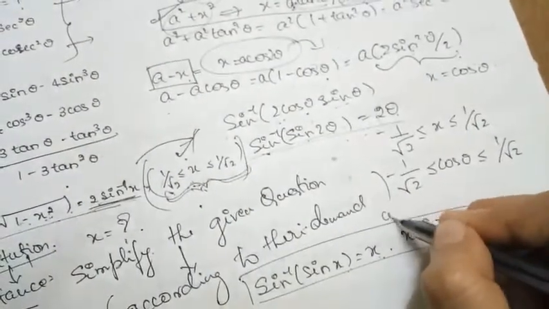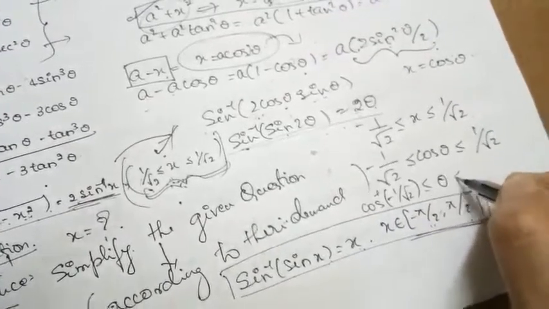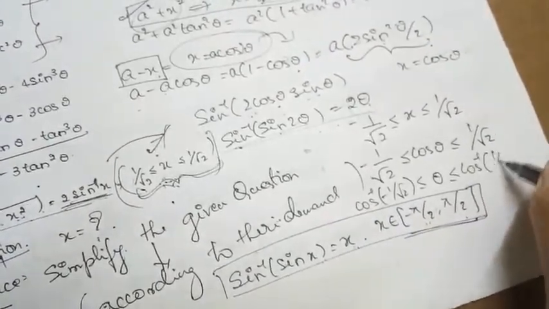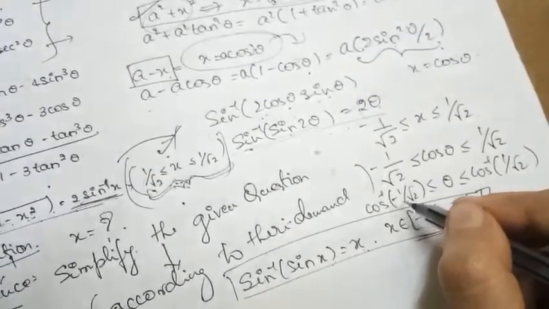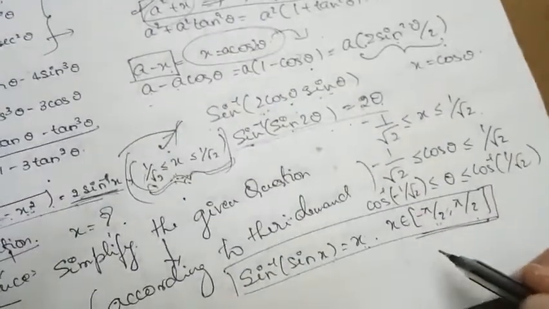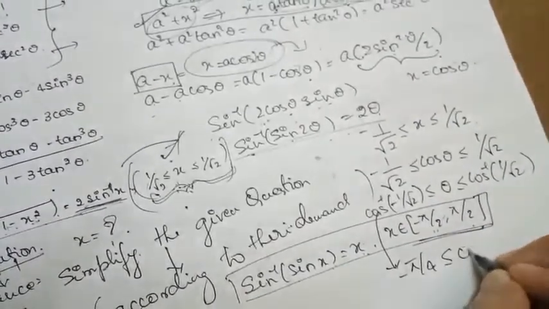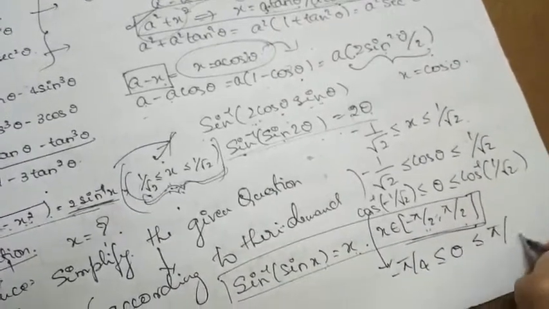So cos inverse of minus 1 by root 2 is less than theta, which is less than cos inverse of 1 by root 2. That is nothing but minus pi by 4, which is less than theta, which is less than pi by 4.